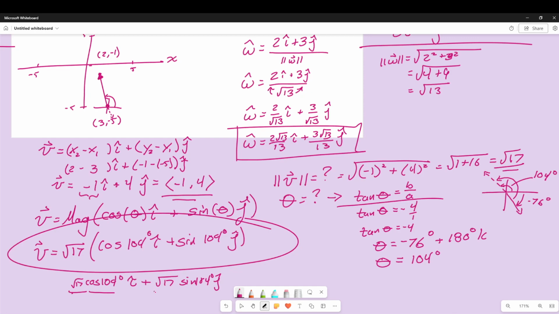And the square root of 17 times the sine of 104 degrees should equal about 4. The only reason it's an approximation is because the tan inverse, that 76, is an approximate value. There were decimals on that. But it's fun to make sure and check. Did we end up with the same thing? Yeah, this is about negative 1 and that's about 4. So we did end up where we were supposed to end up.